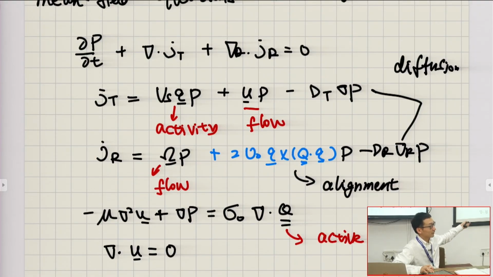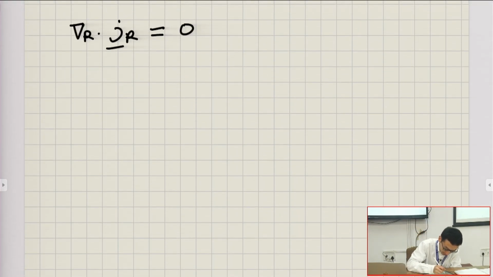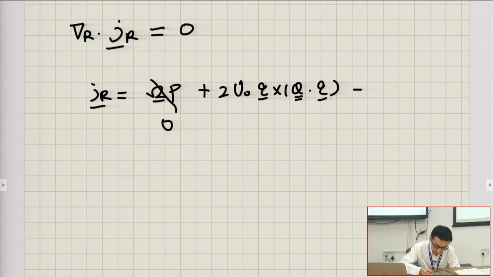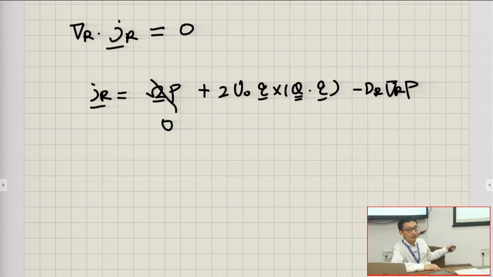So we're left with the third term. And what is JR here? Well, the first guy is gone because there's no flow. And we have this one minus dr.